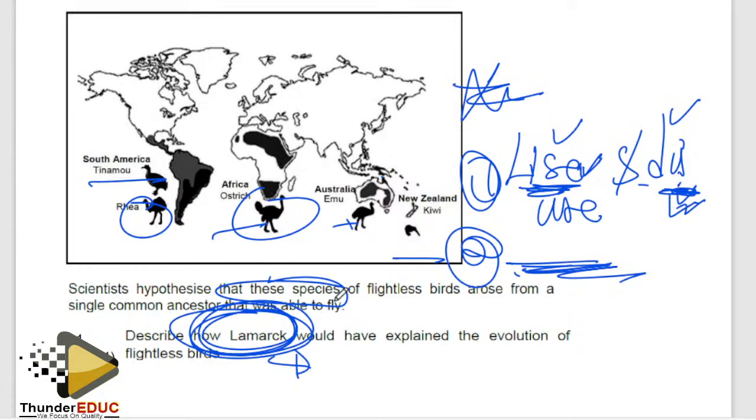There is not enough evidence to support that these flying birds became flightless by not using this character of flying. Just like that. There is not enough evidence to show that. Don't just say that there is not enough evidence to support the theory. Which evidence? It's too broad.